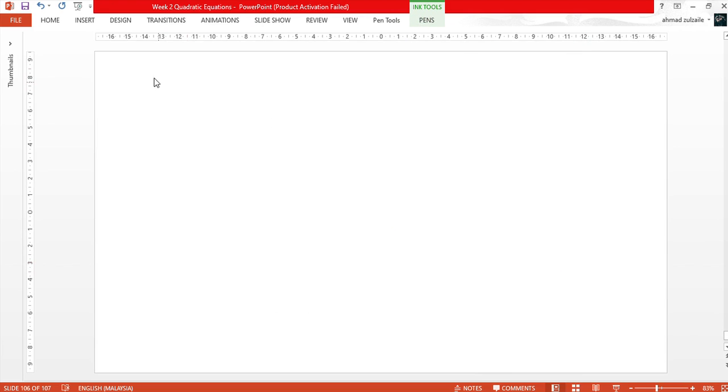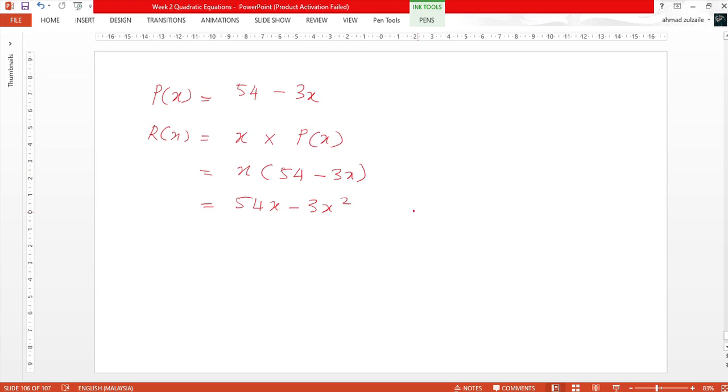Given the price demand formula P(x) equal to 54 minus 3x, you know that the revenue is equal to x, the item that you want to sell, multiplied with P(x). So the revenue equation becomes x multiplied with 54 minus 3x, which is 54x minus 3x squared. So this is the formula for the revenue.